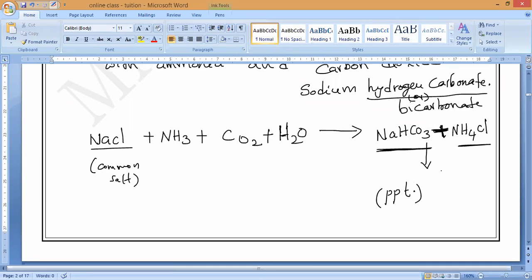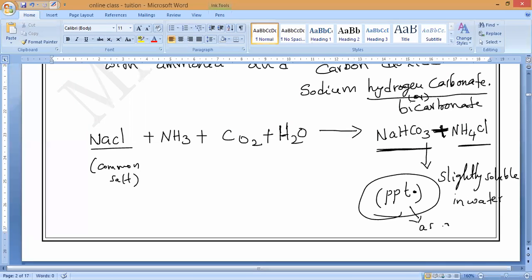So it is very slightly soluble in water, and it is obtained in which form? As a precipitate, which means as a solid.